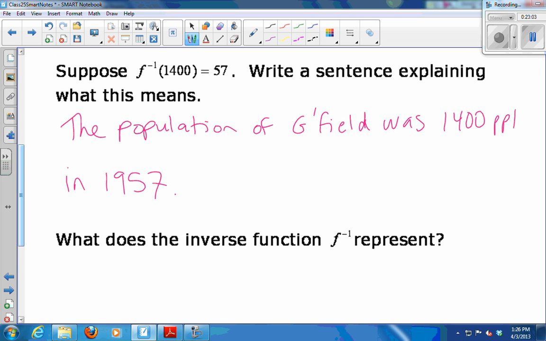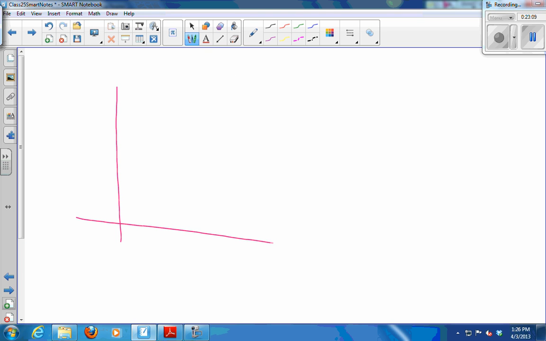It could not be the same for a little while, because if I drew a function that increases and then is the same and then increases, I wouldn't pass the horizontal line test.